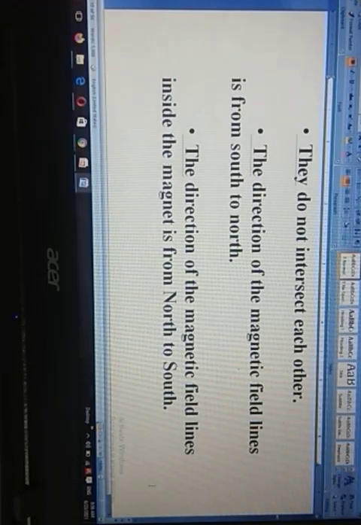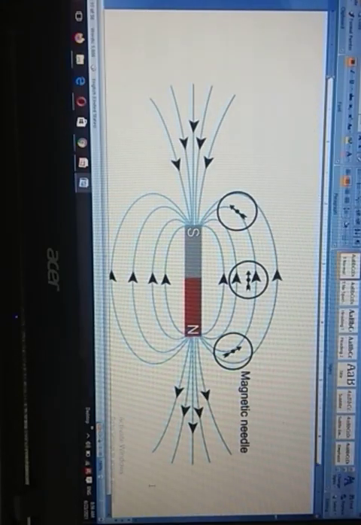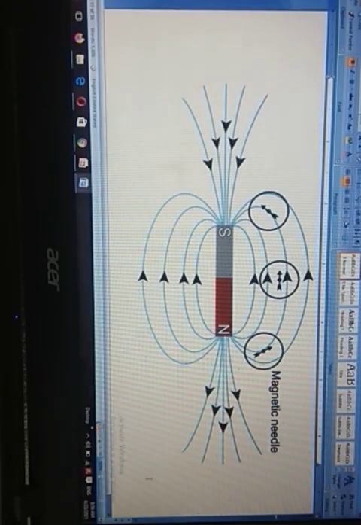This can be shown with a magnetic needle, which shows us that these are the lines of magnetic field which always emerge or originate from the north and merge or end in the south. So these lines show that the strength is always more near the poles.